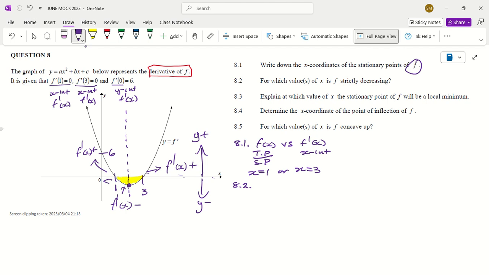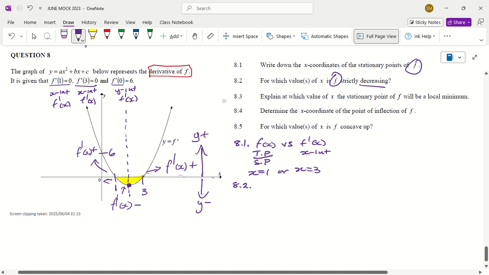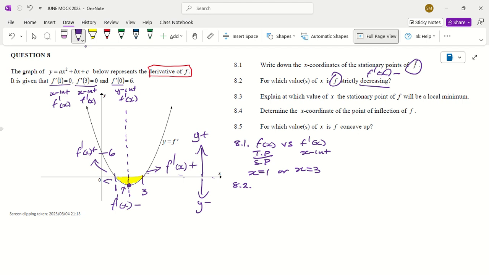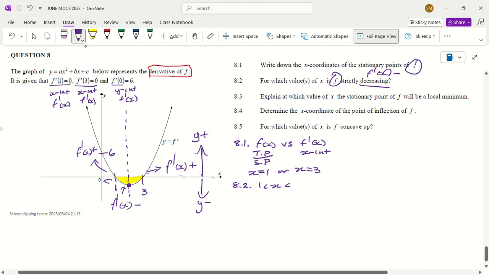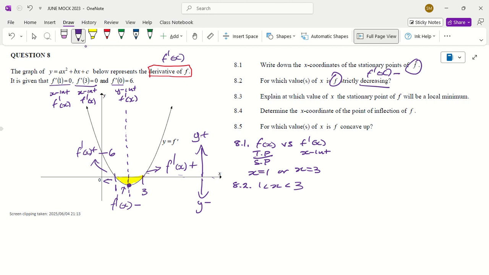What makes a function f decrease is if it has a negative gradient. You can see that between 1 and 3 the function of the gradient is negative, so the function is decreasing where x is between 1 and 3, because this is the graph of the gradient. Remember, this represents the derivative of the function f, and this is called the gradient.